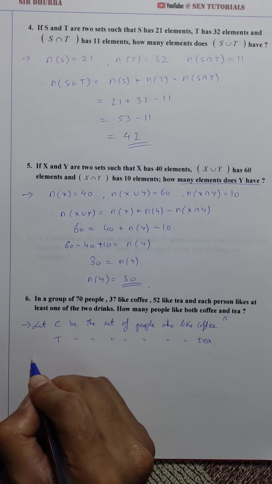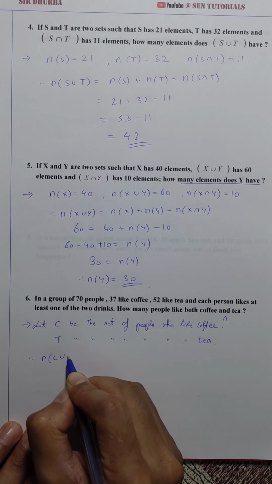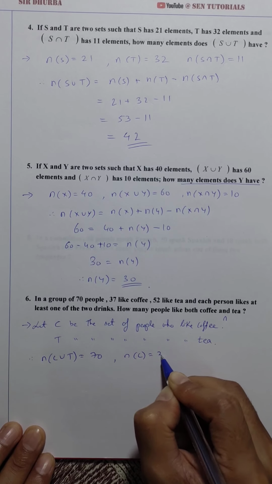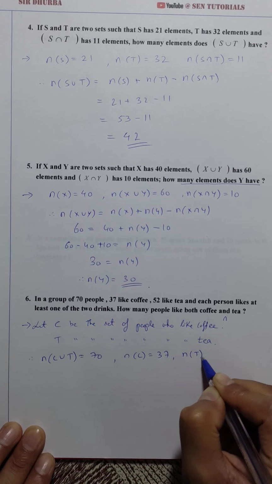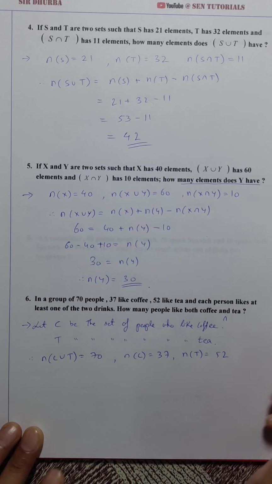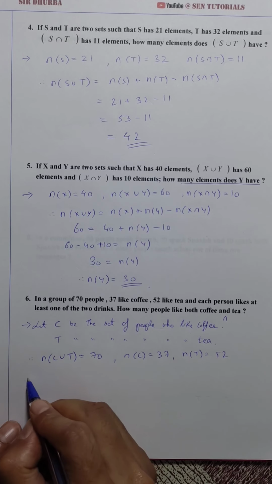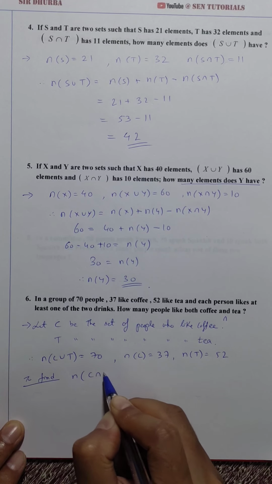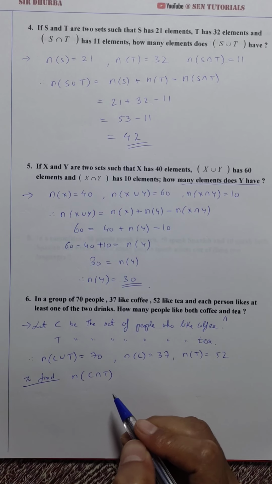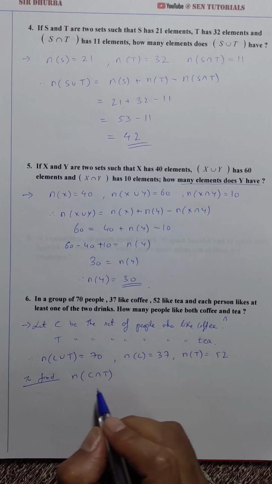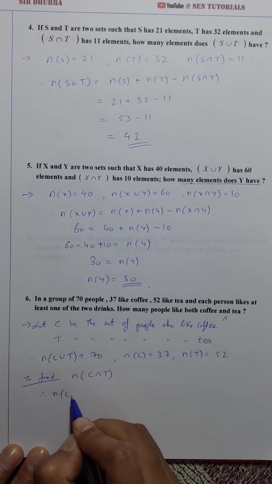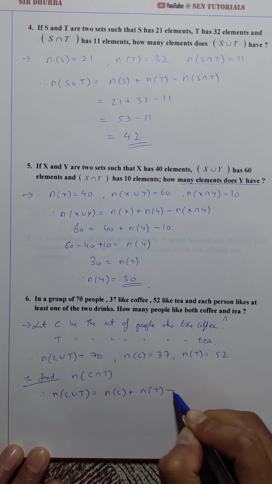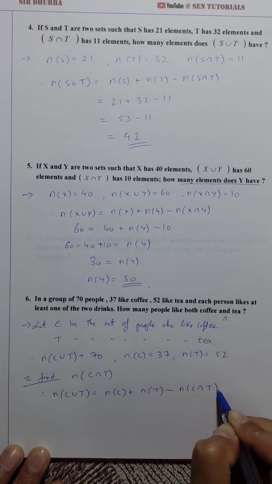The group is of 70 people, the number of people liking coffee is 37, and the number liking tea is 52. Each person likes at least one of the two drinks. How many people like both coffee and tea? We know n(C union T) is n(C) plus n(T) minus n(C intersection T).